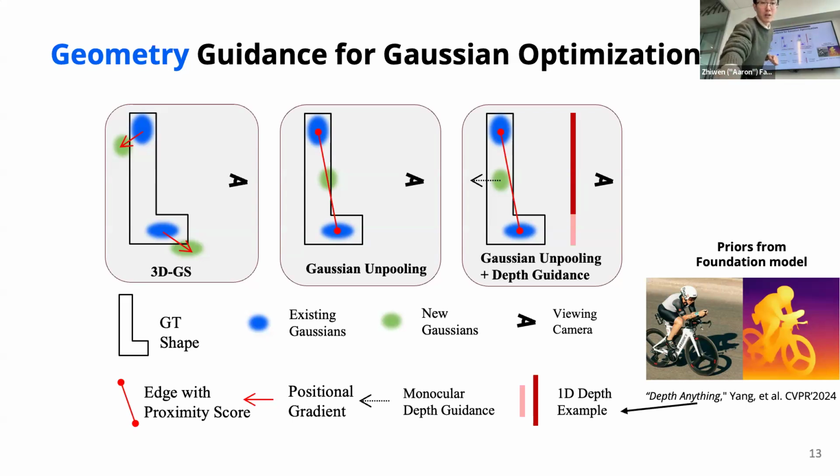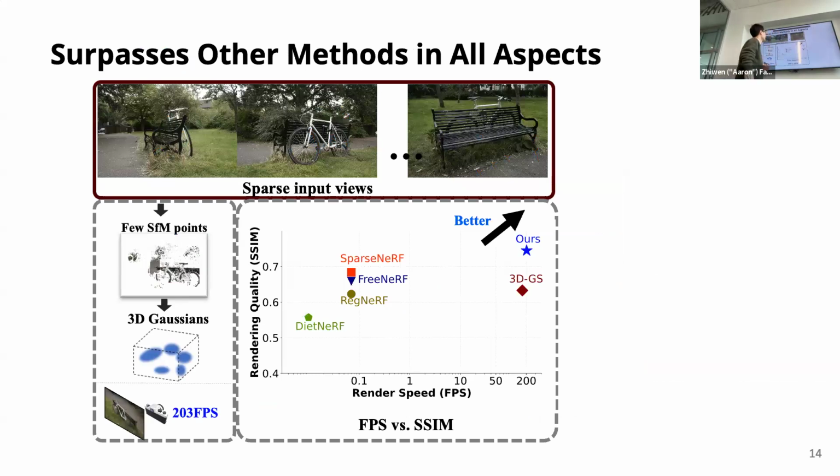So having this, by incorporating the geometric graphs, placing the new Gaussians in the middle of the edge, and using the generative prior, we can look at this graph. This is the metric. If a method is closer to the top right, it means it is better.